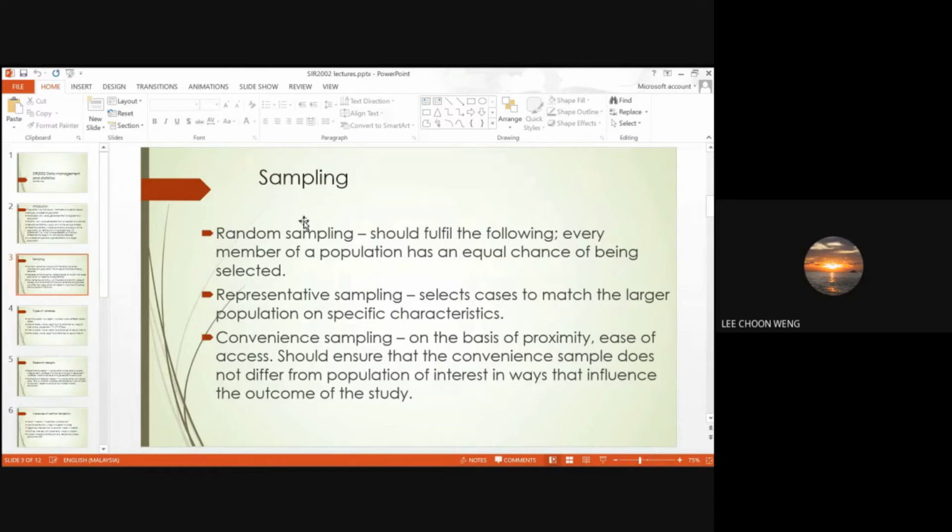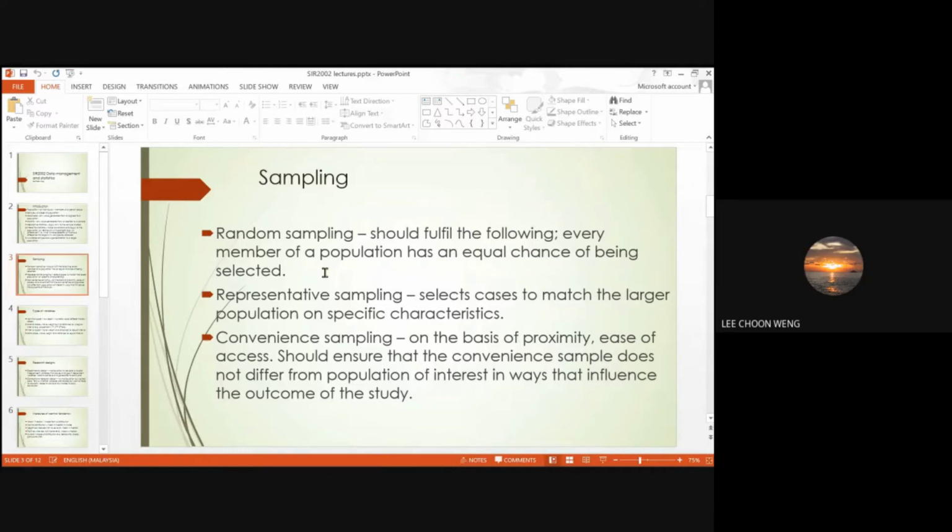So random sampling is not as simple as it sounds. Okay, random sampling is not just like taking whatever sample randomly, because even in random sampling, you must fulfill the following statement, where every member of the population has an equal chance of being selected.